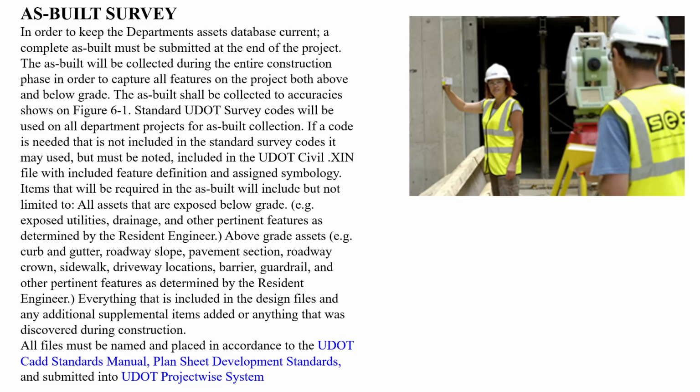Items that will be required in the as-built will include but not be limited to all assets that are exposed below grade, exposed utilities, drainage, and other pertinent features as determined by the resident engineer.